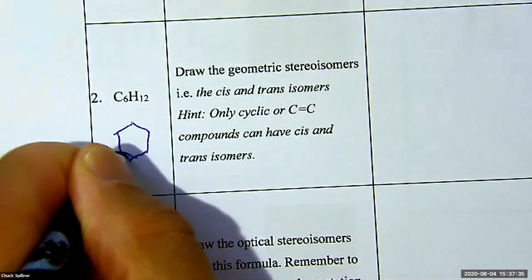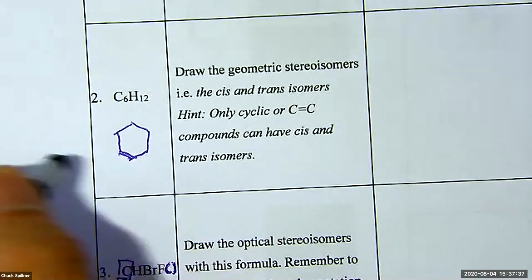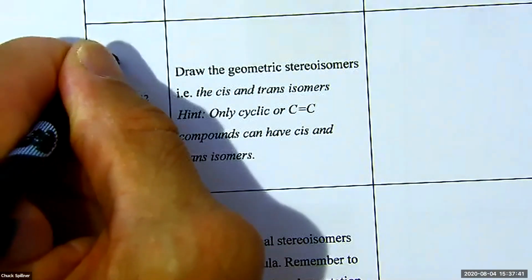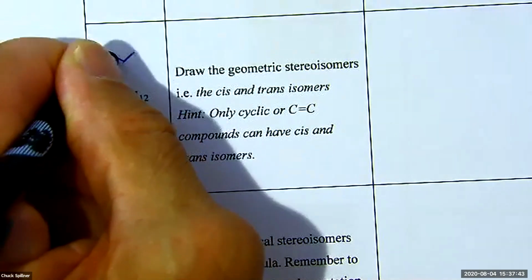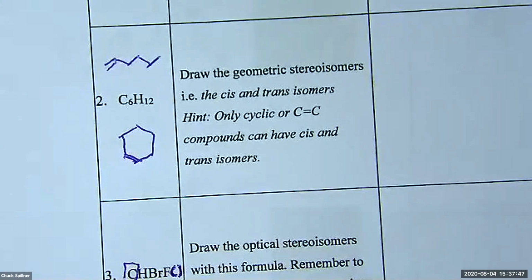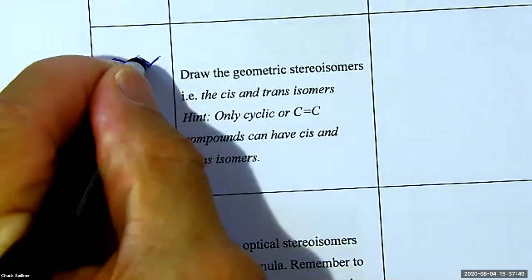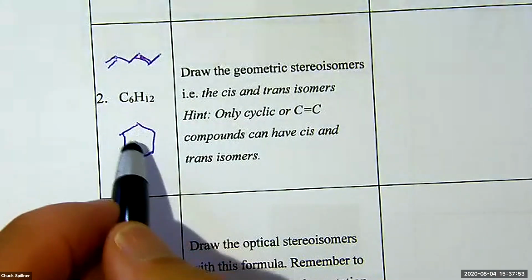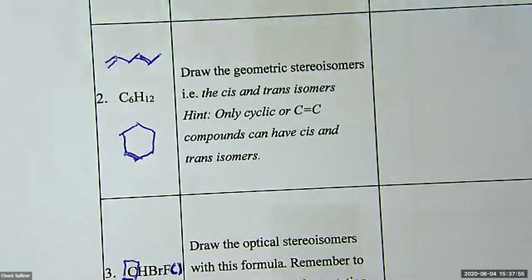It's a cyclic molecule, or it could be like this. It could have an alkene. 1, 2, 3, 4, 5, 6. So it could be like that. So we can draw 2 stereoisomers. I'll draw them both. One could have a ring, but it can't be a 6-membered ring. It would be a 4-membered ring with two carbons attached to it.